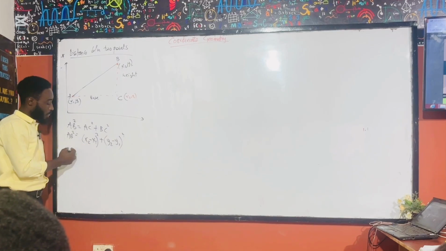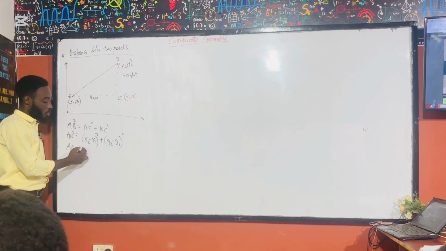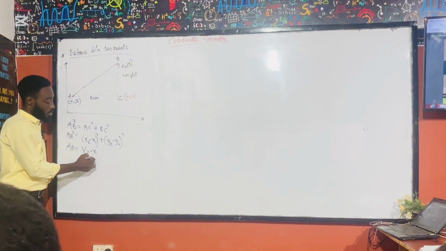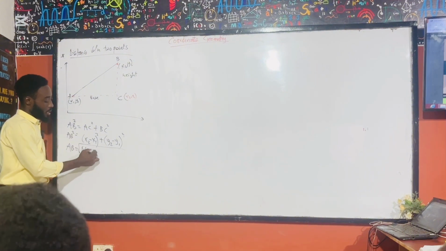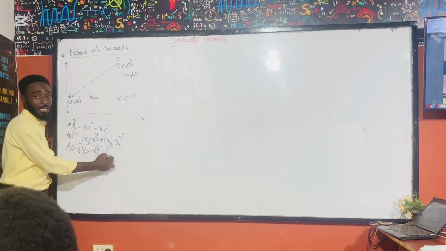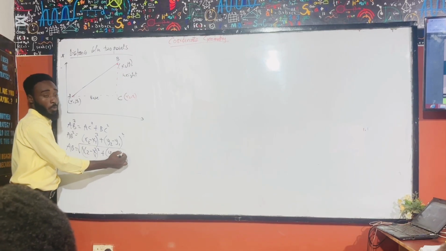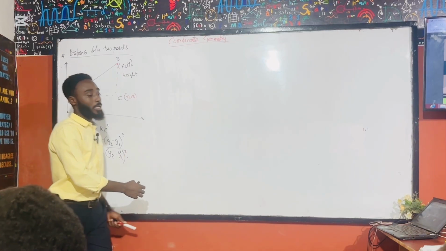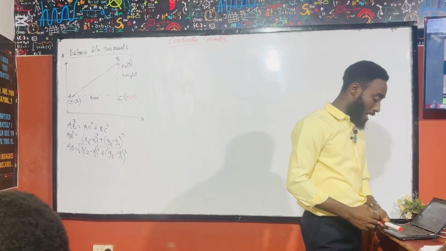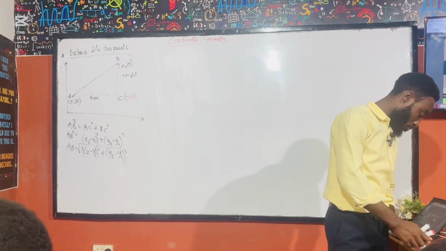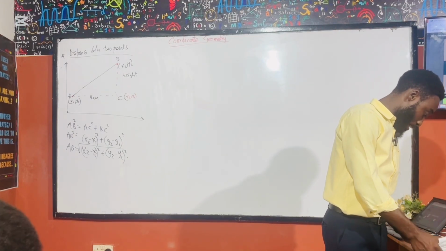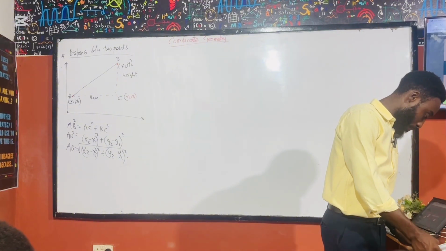So AB is equal to the root of x2 minus x1 all squared plus y2 minus y1 all squared. Is that okay?